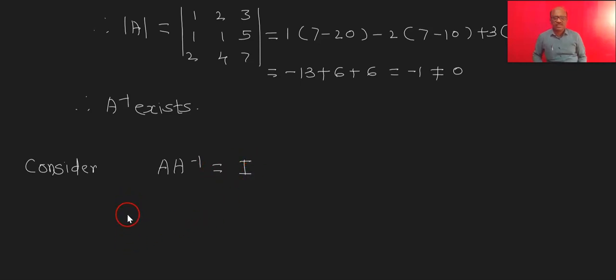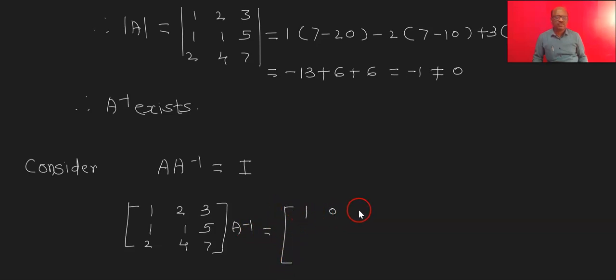Now what is A here? A is [1, 2, 3; 1, 1, 5; 2, 4, 7], and A into A inverse is equal to the identity matrix [1, 0, 0; 0, 1, 0; 0, 0, 1].